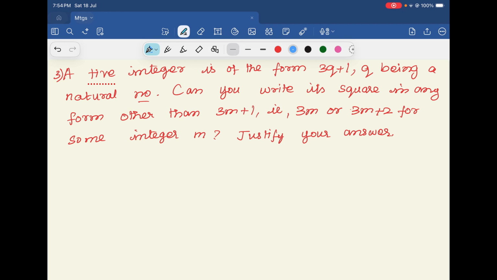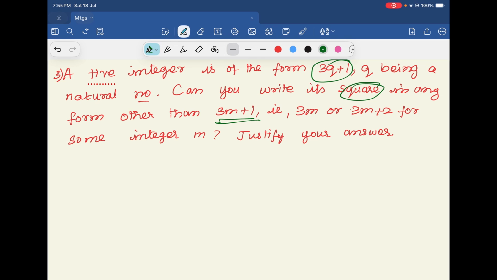Can you write its square in any form other than 3m plus 1, that is 3m or 3m plus 2 for some integer m? Justify your answer.